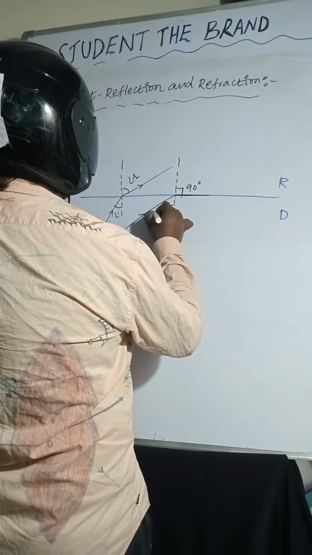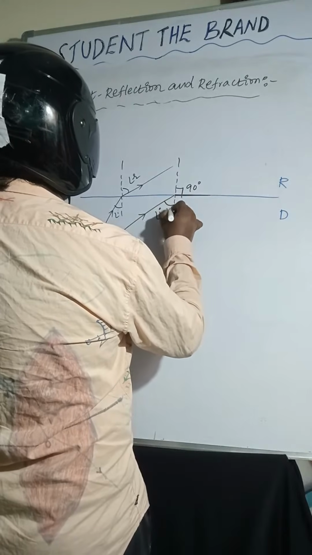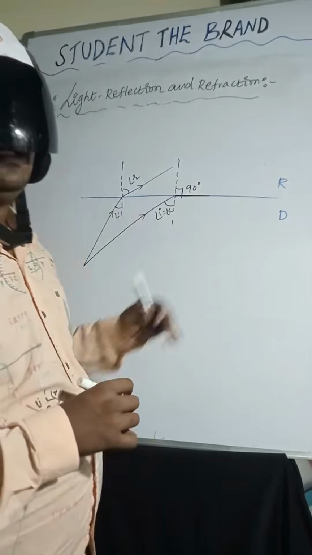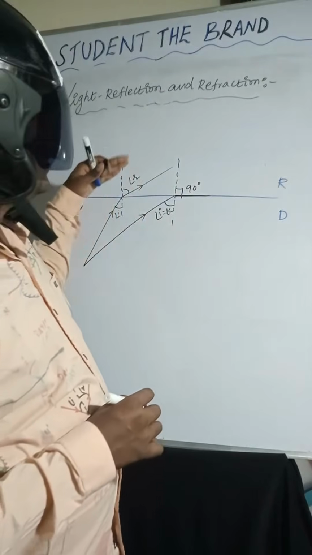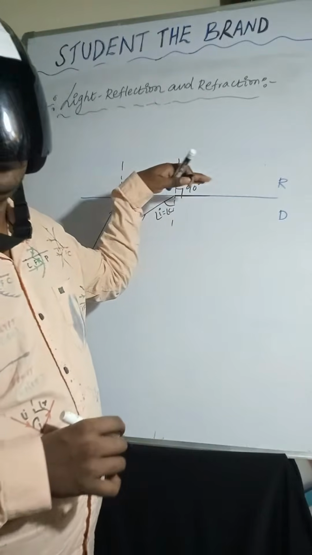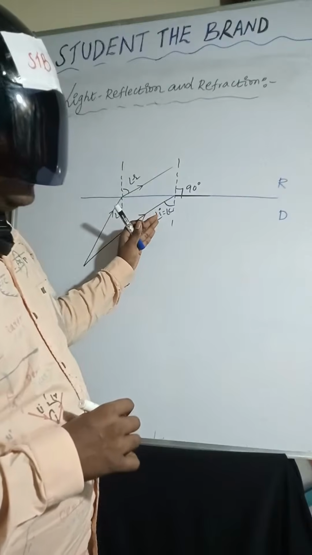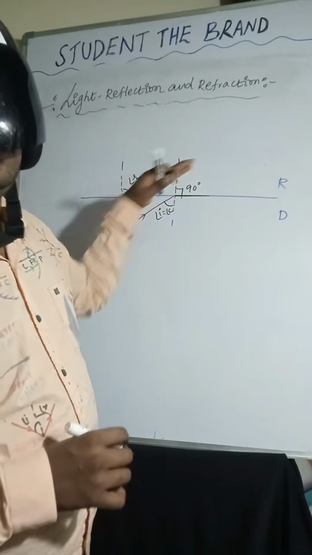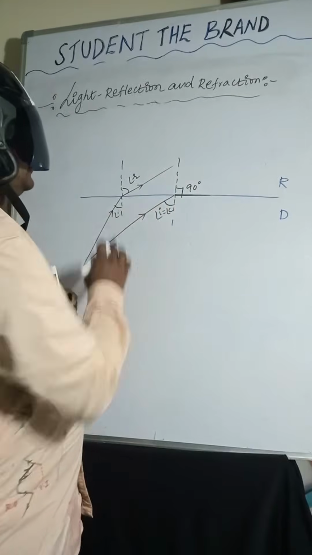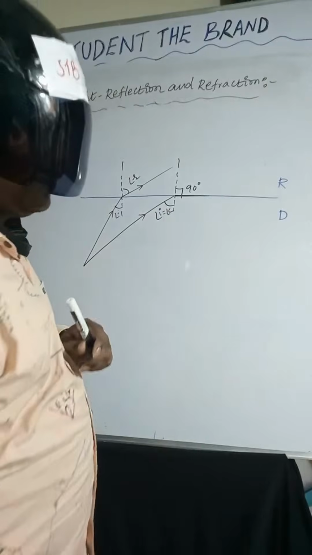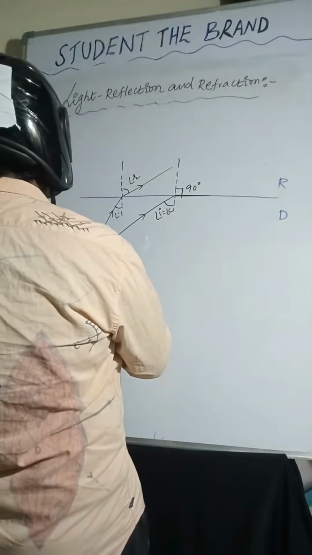The angle at which the refracted ray moves along the surface is called the critical angle. Now I am sending one more light ray here.